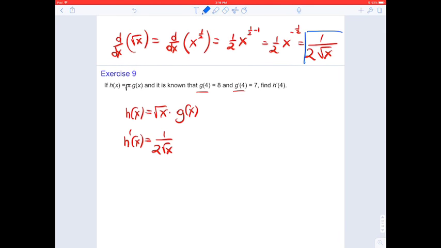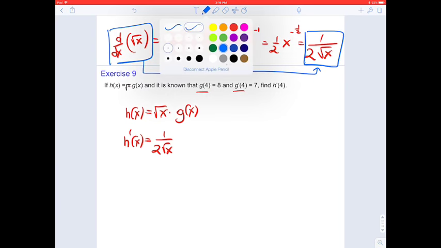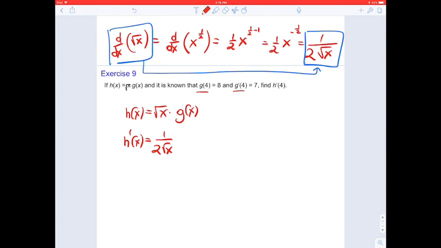That means it's really worth remembering the derivative of the square root of x. We can always use the power rule, but it's worth remembering because it's a frequent function. Okay, again, square root of x derivative is 1 over 2 square root of x times the second function plus first function times derivative of the second.